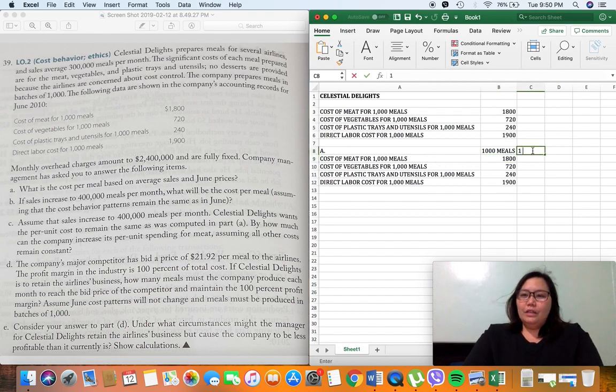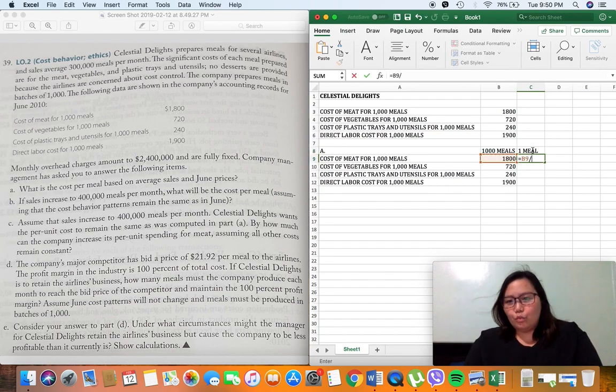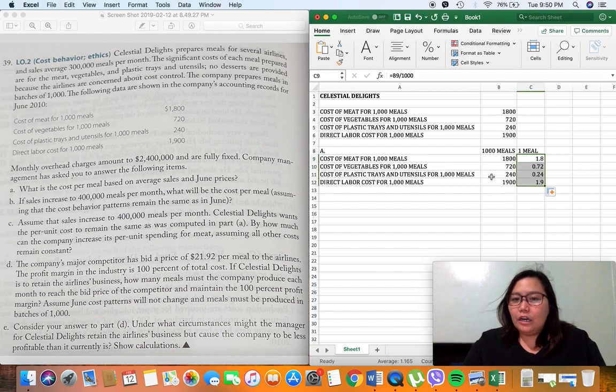So for one meal, we simply divide the cost 1,800 by 1,000. So we'll get 1.8. This is the cost of meat, vegetables, plastic tray, and direct labor cost. So we have 1.8, 0.72, 0.24, and 1.9 respectively.